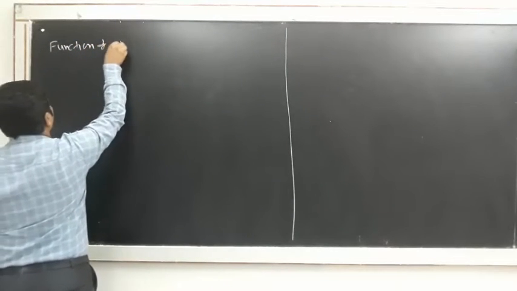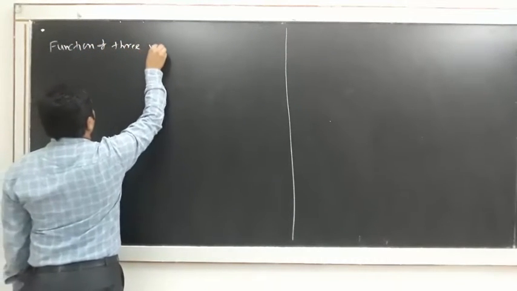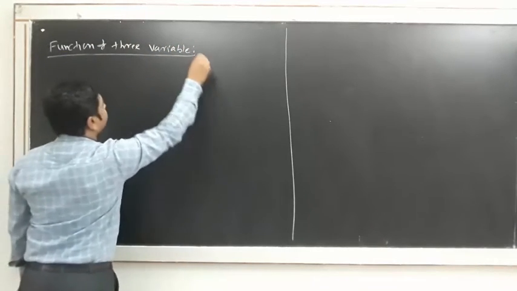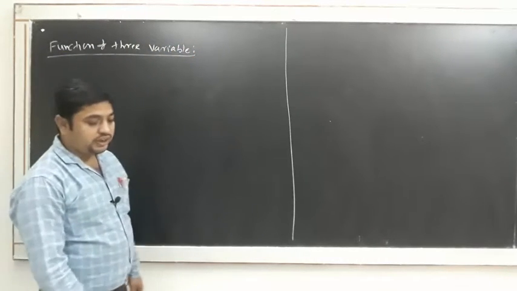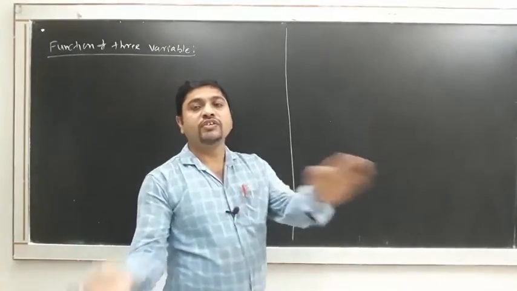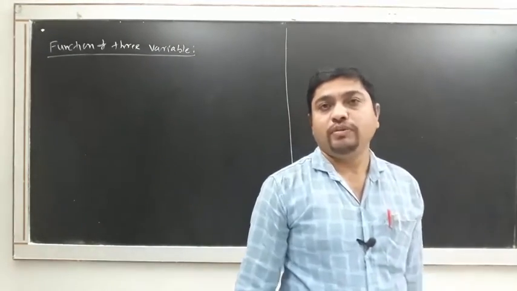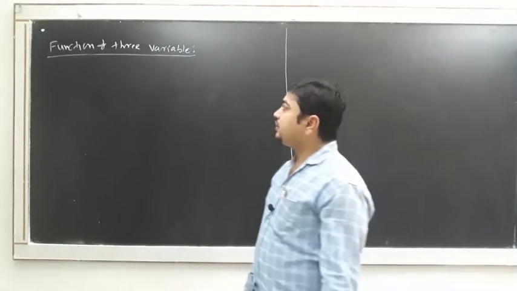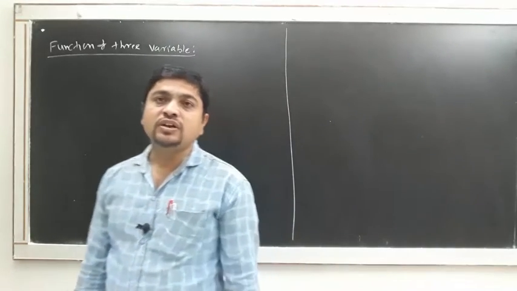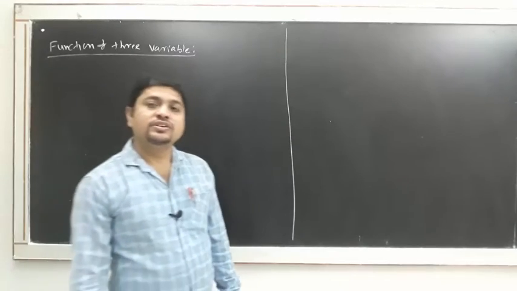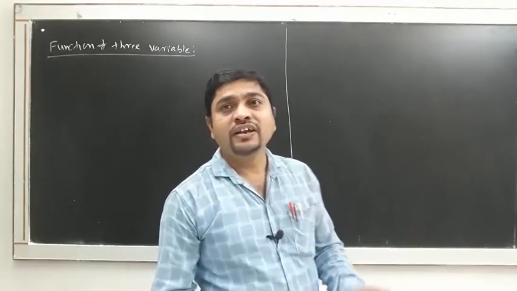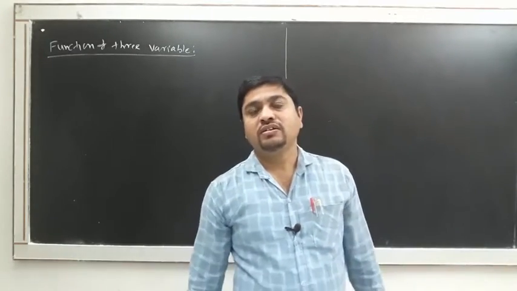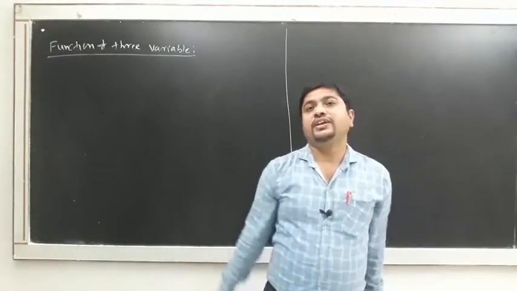Function of three variables. We define this first, and then we will convert it into a function of n variables. So what is the definition of a function? A function is a rule that assigns each ordered pair, in the function of two variables, to a unique real number.